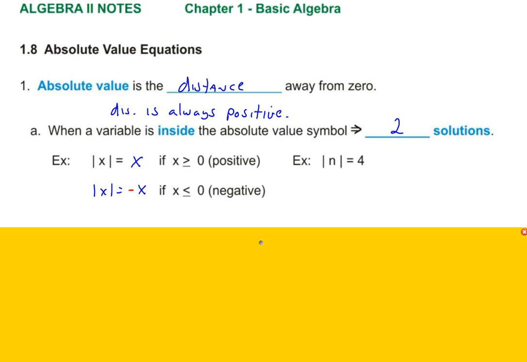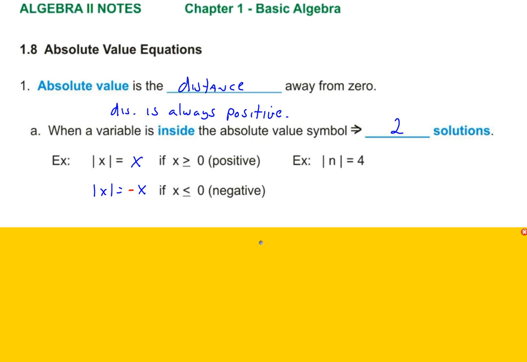To understand this one, what's the absolute value of -3? 3. Mathematically, how do you get a positive 3 out of a -3? You do negative the -3. Negative the value of x. What was x? -3. What's negative the -3? +3. That's just the way it is.